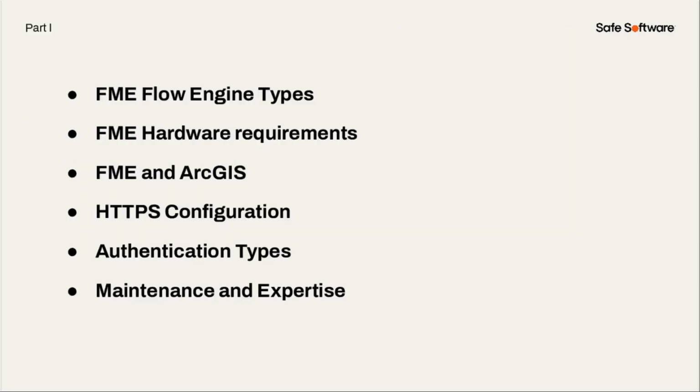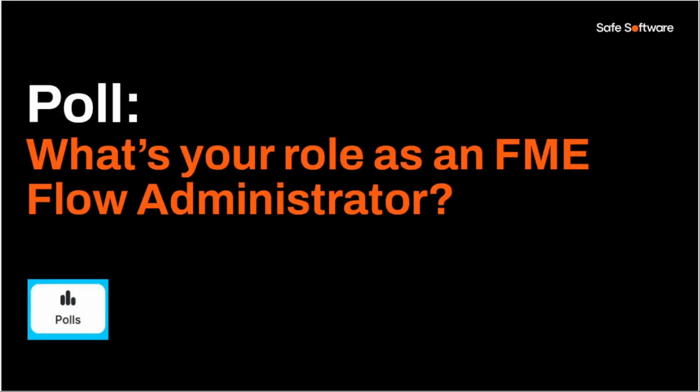And then lastly, the recap of everything that we went through was the Flow engine types, the hardware requirements, FME and ArcGIS, HTTPS configuration, authentication types, and maintenance and expertise. If you're interested in those topics, please take a look at the old webinar, and we're going to run off from that maintenance and expertise and really talk about what you need to do as an admin.